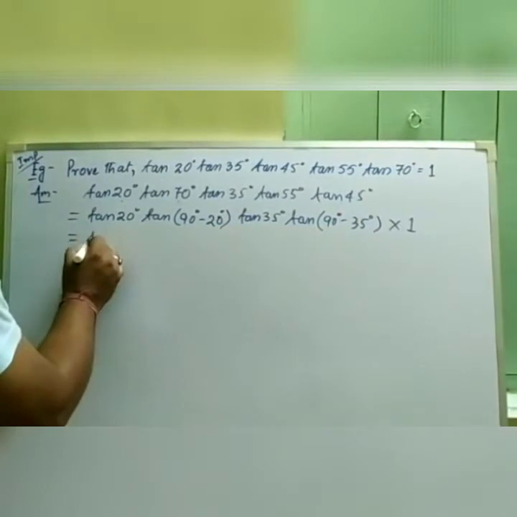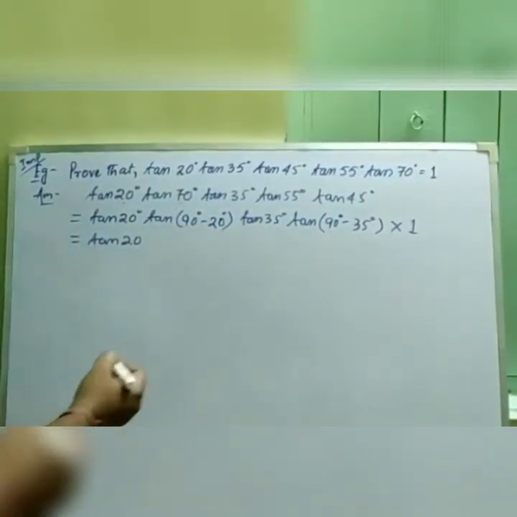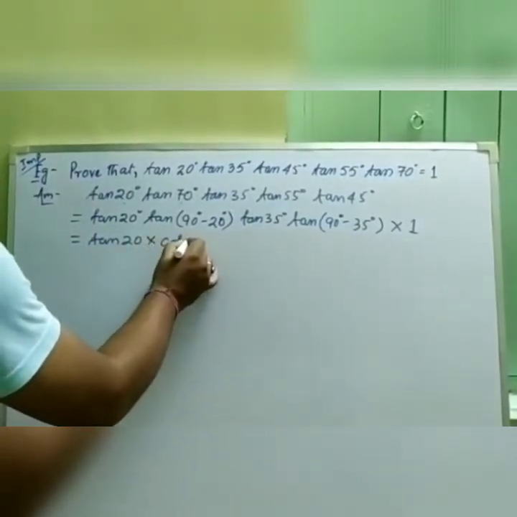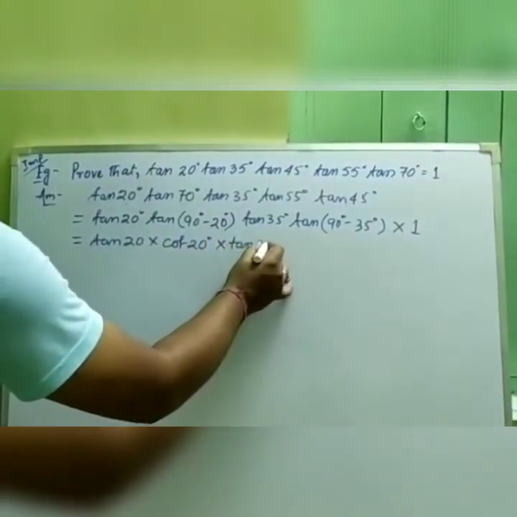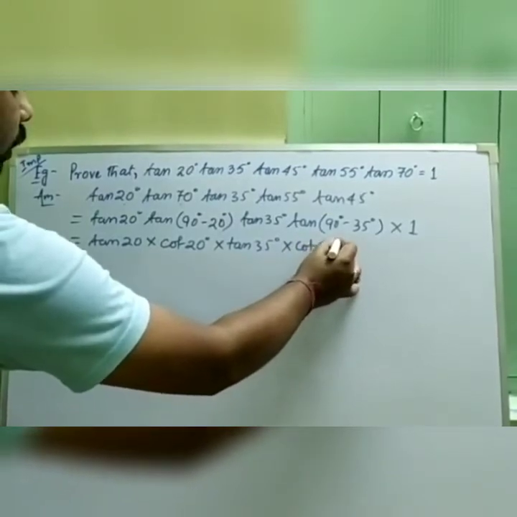Now this tan 20 degrees remains the same, and tan 90 minus theta we got as cot theta, so into cot 20 degrees into tan 35 degrees into cot 35 degrees into 1.